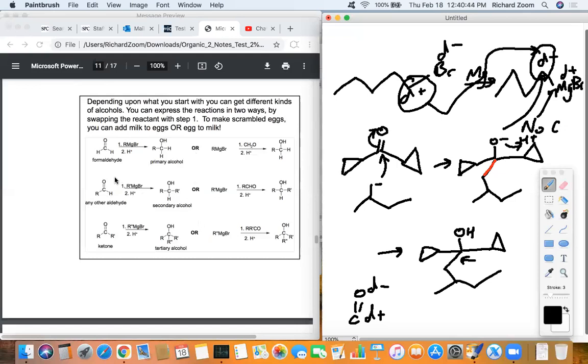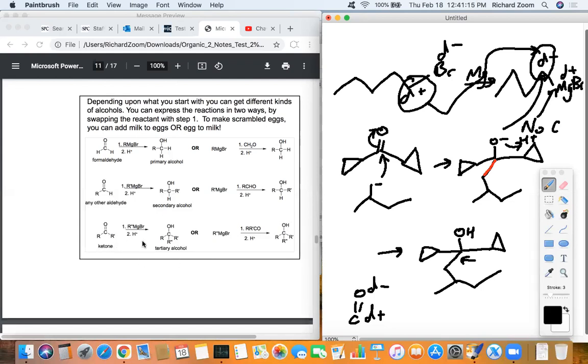Now you'll notice that depending upon the kind of aldehyde or ketone that we use, we're going to end up with a different kind of alcohol. So you'll notice if we use formaldehyde, which has 2 hydrogens attached to the C, it's a very specific kind of compound. The compound we end up with is a primary alcohol, something where the OH is on the end of a chain. If we use any other aldehyde, the product will be a secondary alcohol, where the OH is in the middle of a chain.